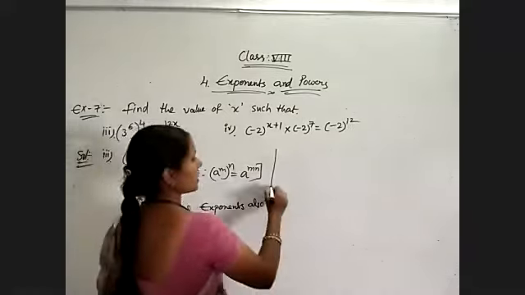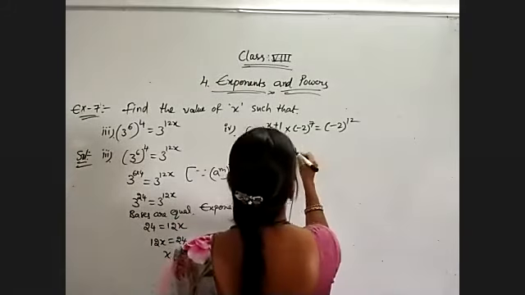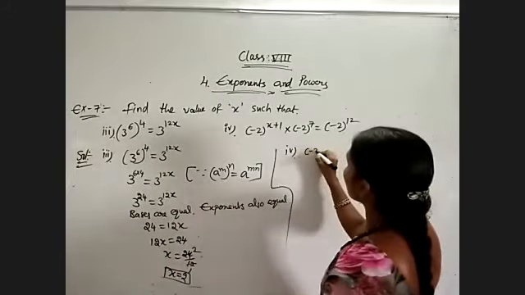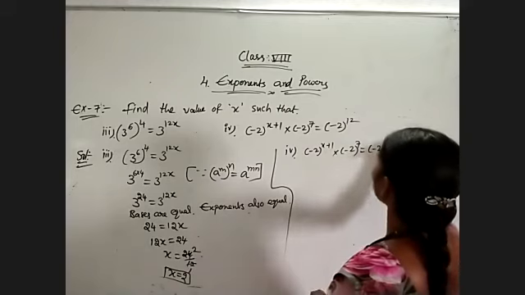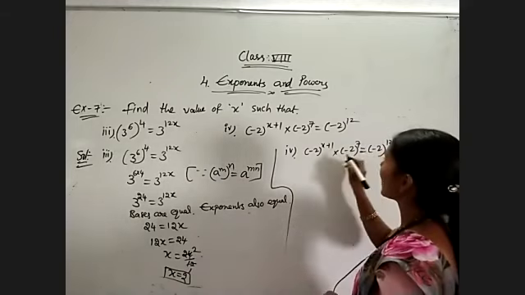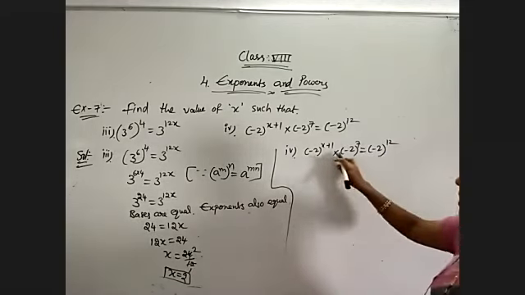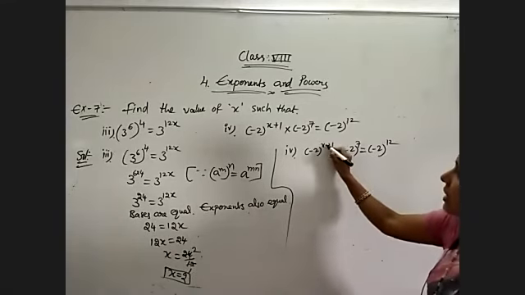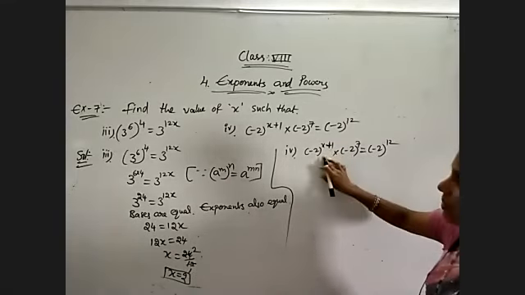And now coming to the fourth problem. Minus 2 to the power of x plus 1 into minus 2 to the power of 7 is equal to minus 2 to the power of 12. Observe this question, every number is given in simplified form with the base minus 2. So it is very easy, but just observe here: x plus 1 is completely one term, and into is there.